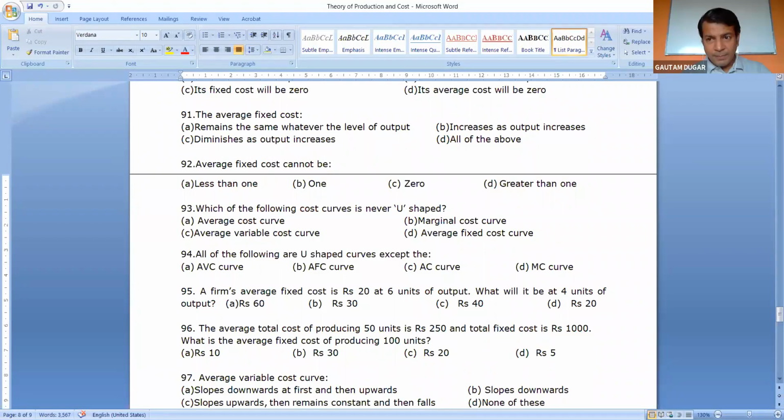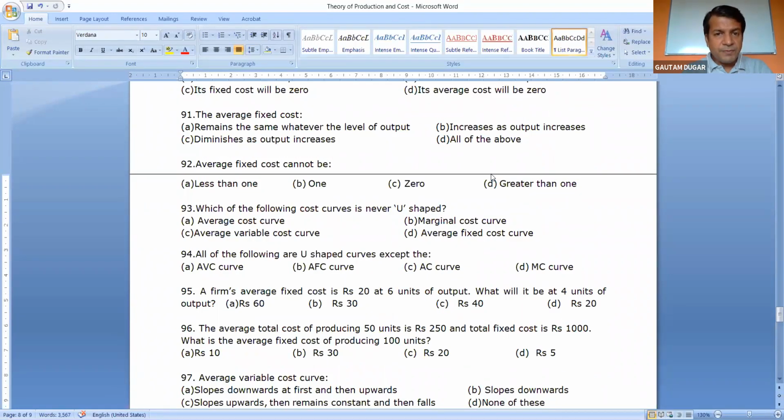So 91, it cannot be A. Someone was answering A. Shubham, I'm right here. The average fixed cost remains the same whatever the level of output. It's not. That is TFC. Average fixed cost, what happens? It diminishes as the output increases. Try to read the options, then choose the correct option.